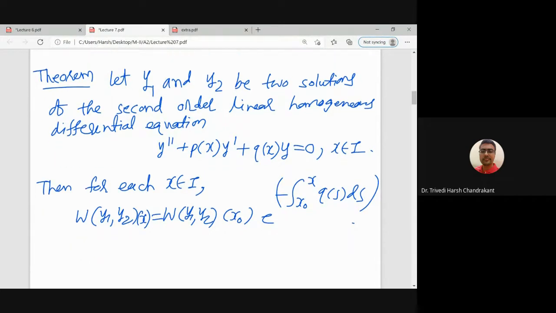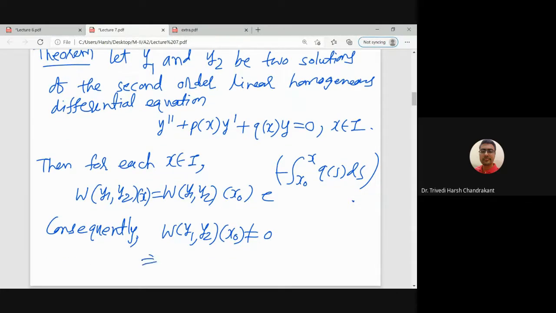Once we derive this formula, we can easily check that the Wronskian, which is a function of x, is non-zero at a particular value x naught if and only if it is non-zero for every x in the interval.